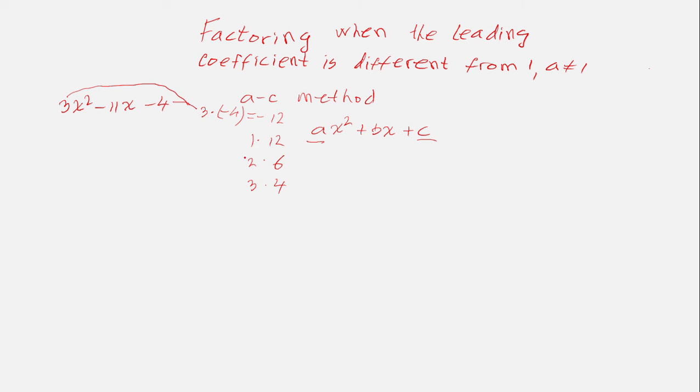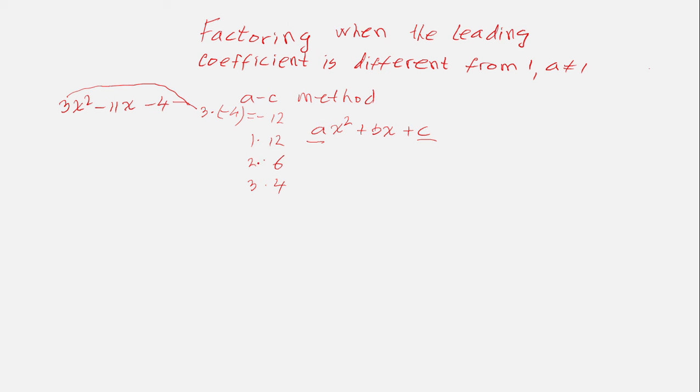So one of the factors would have to be negative to make a negative number, in this case -12. Now that we did this, we need to figure out which combination of numbers will give us -11, the middle coefficient, when added together.